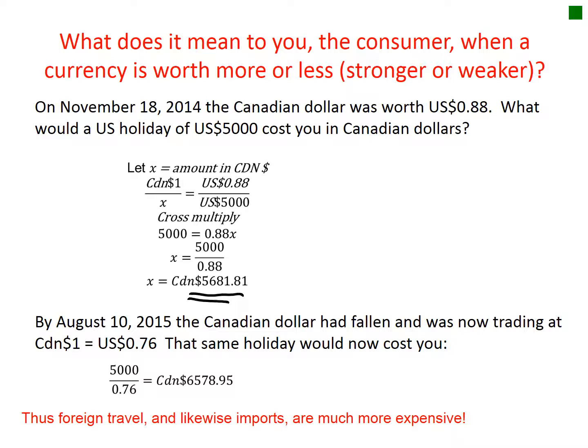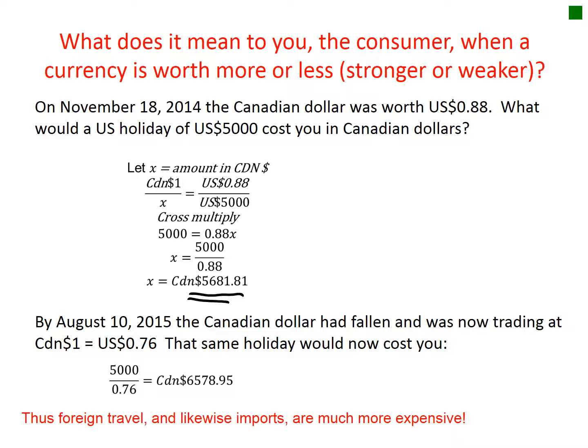And so by the following year, August 10th, 2015, the Canadian dollar had depreciated, so it's worth less. It had fallen and was now trading at only 76 cents US. So $1 Canadian would buy you now 76 cents US instead of before, when $1 Canadian would buy you 88 cents US.